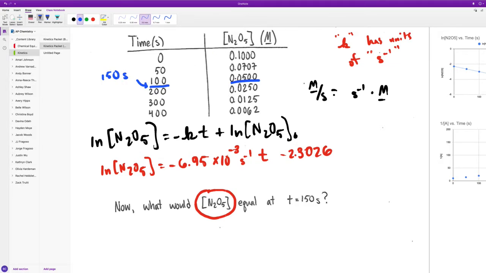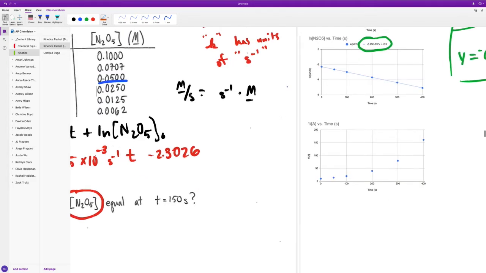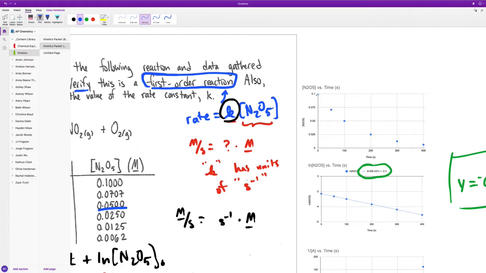If it were, then you could do that, since 150 is right in the middle. But that only works for linear data. It's really hard to evaluate that because this is not a line, this is a curve.